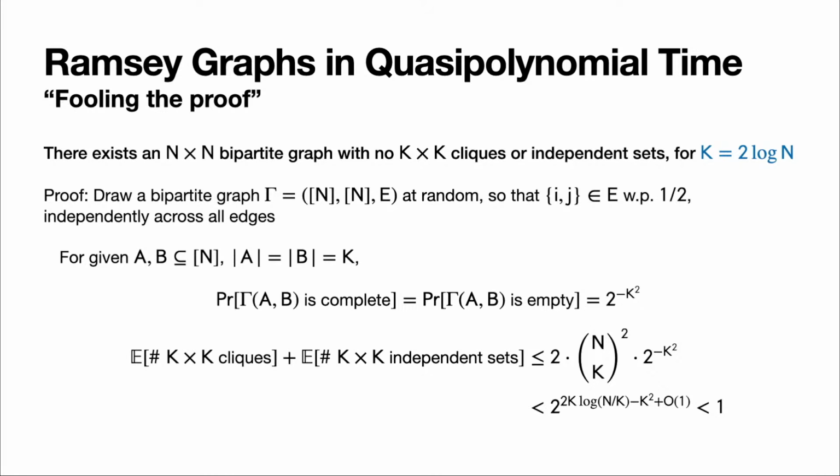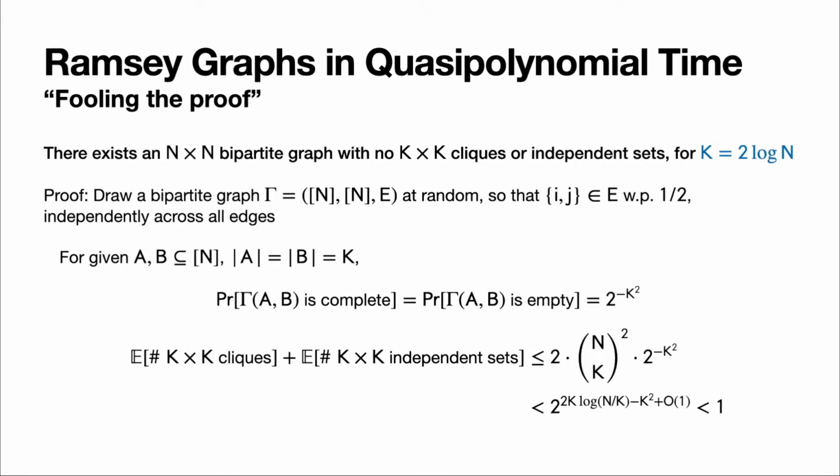And now union bounding, or asking what's the expected number of cliques plus the expected number of independent sets. If you do the math, so okay, this is the probability that it's complete or empty, and this is just the number of pairs of subsets. And if you plug in k, which is 2 log n, you'll see that it's strictly less than 1.